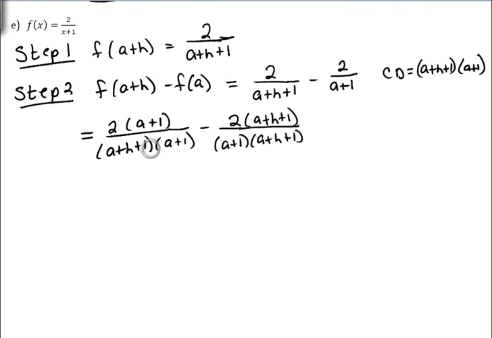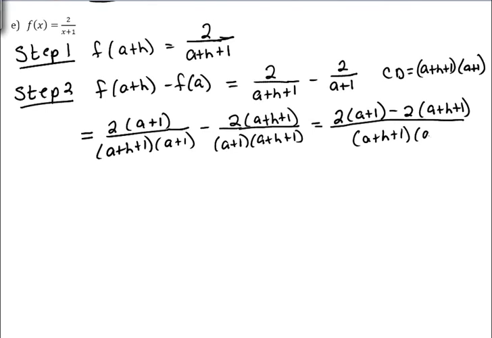Now that the denominators are exactly the same, you can do the subtraction. And so on the top, we have 2 times a plus 1 minus 2 times a plus h plus 1. And our denominator is the common denominator, a plus h plus 1 times a plus 1. Now you can distribute this positive 2 and distribute this negative 2.